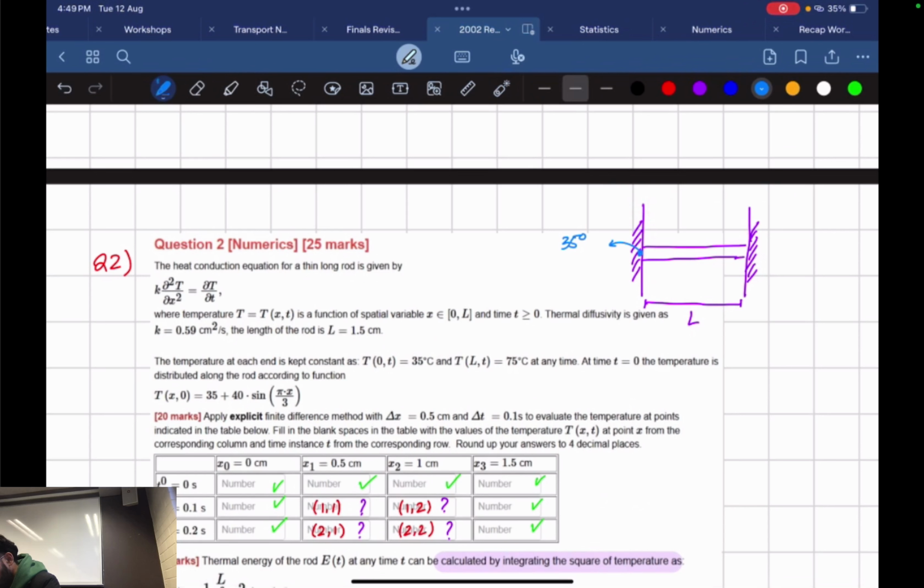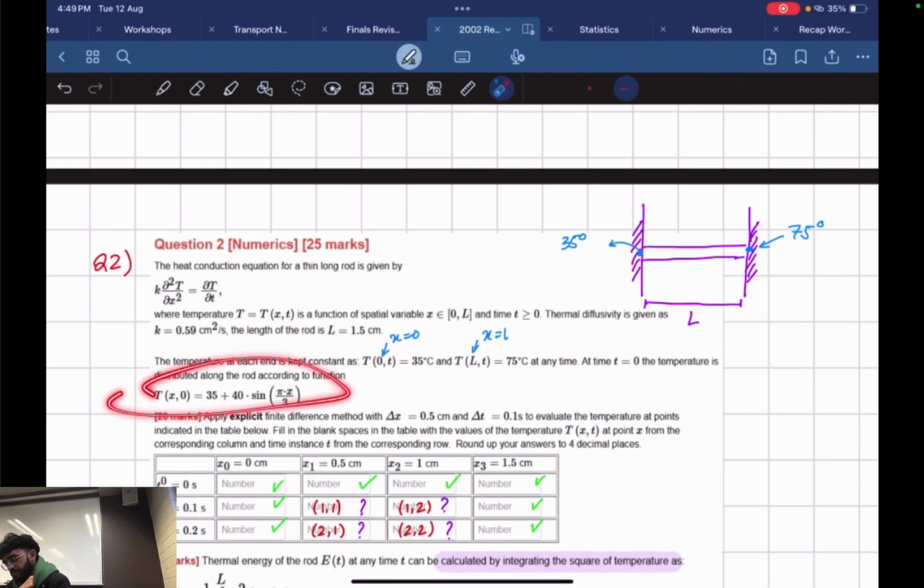At x equals L, it's 75 degrees. At time t equals 0, the temperature is distributed along the rod according to this function. So that's just at time t equals 0.